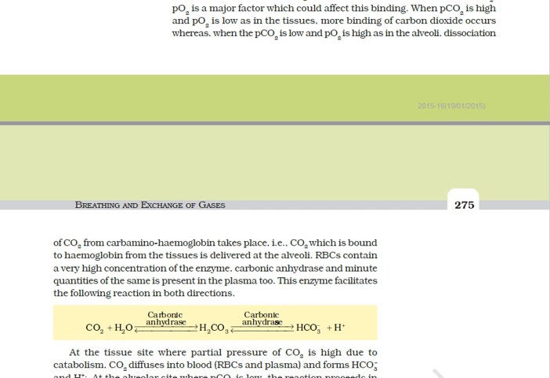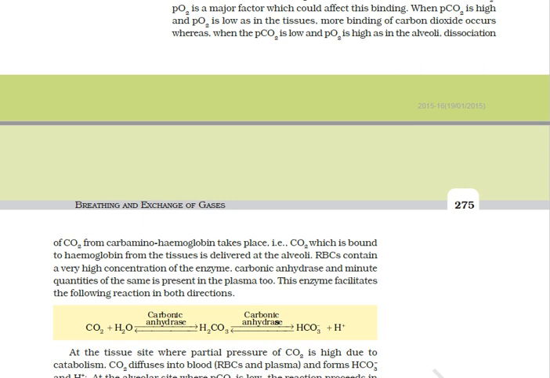I am repeating, when is CO2 carried by hemoglobin as carbaminohemoglobin? Various factors were required during the transportation of oxygen. Here the binding occurs when PO2 is low and PCO2 is higher in the tissues, whereas PCO2 is low and PO2 is higher in the alveoli.